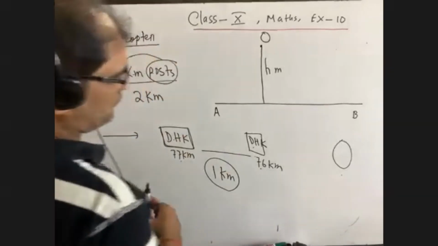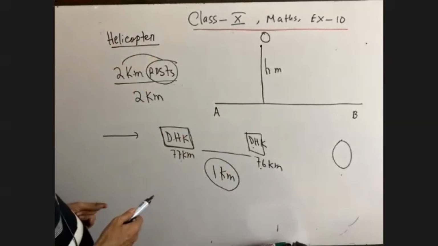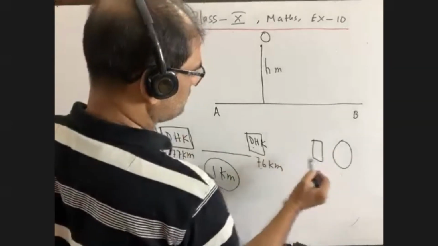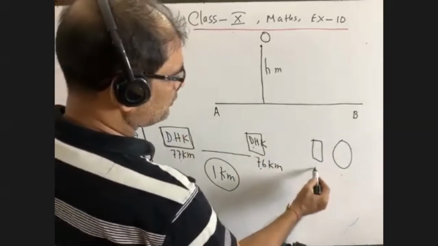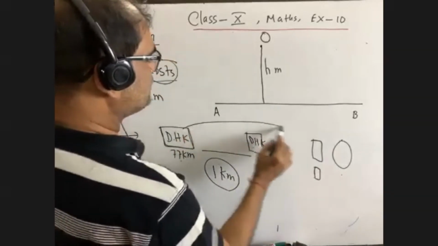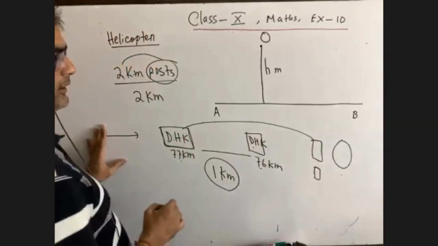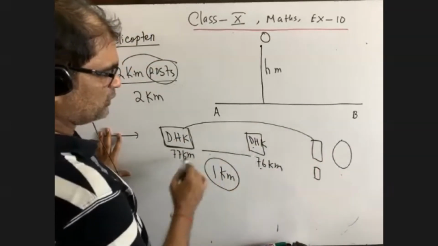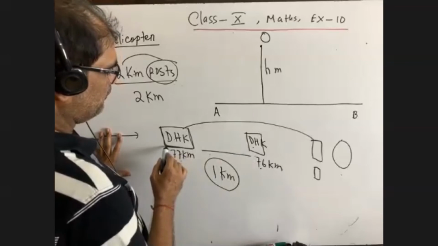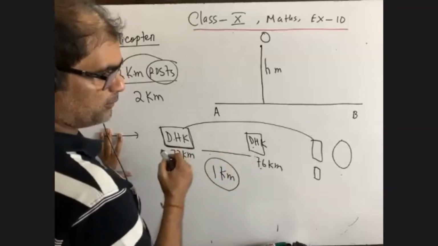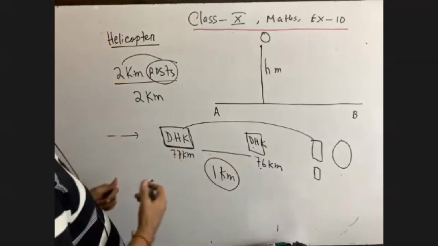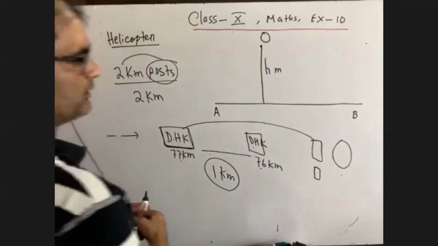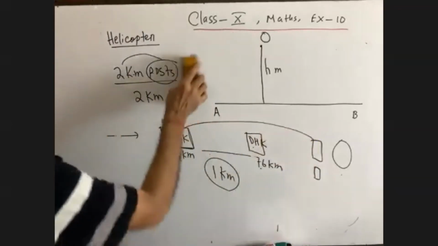But if you consider any 2 kilometer posts, suppose there is another post, the distance between them may differ. So for this, it should be written between 2 consecutive kilometer posts. Any 2 kilometer posts can be considered, but don't do it.